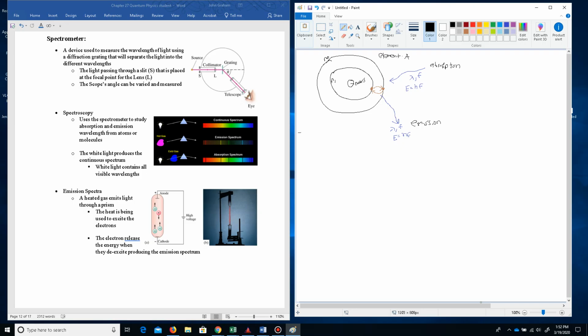As the gas heats up, the electrons will start gaining energy and eventually jump to a higher state. In this case, we're not doing it by shining light onto it.